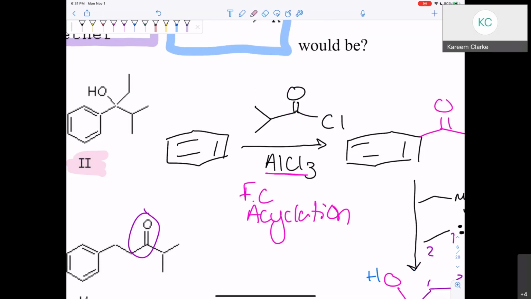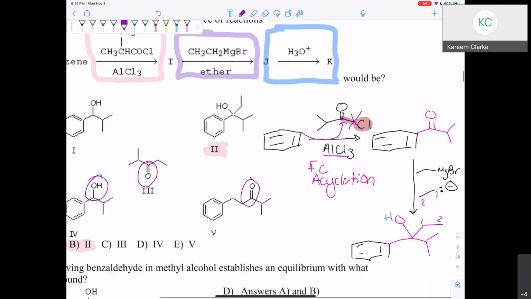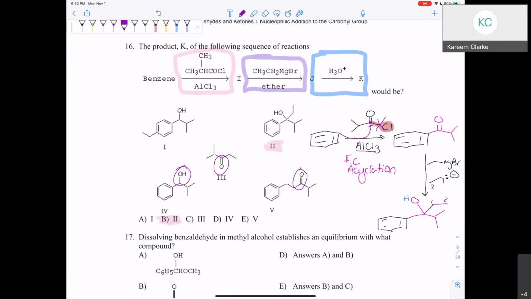So essentially what we do is we take this bond and we just erase this, and then we stick our benzene ring to that. Oh, I see. No, I see it. Yay. Cool. And then I'll give it another second, and then we can go on to the next one.